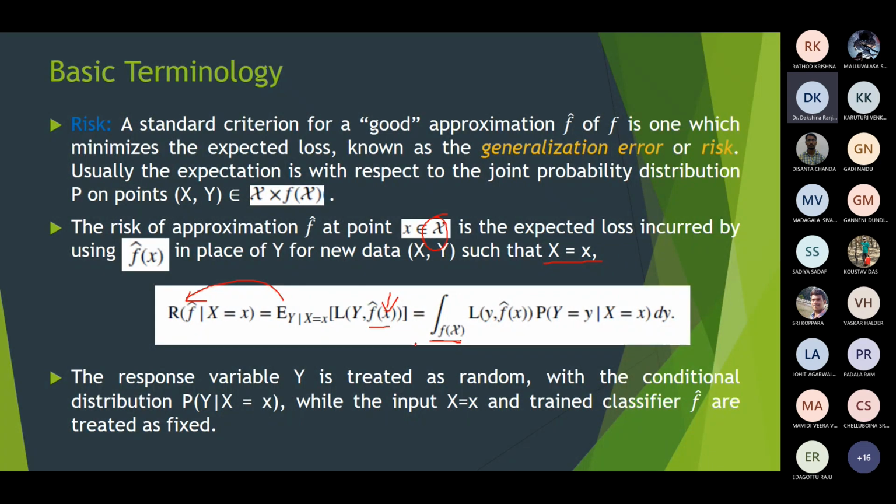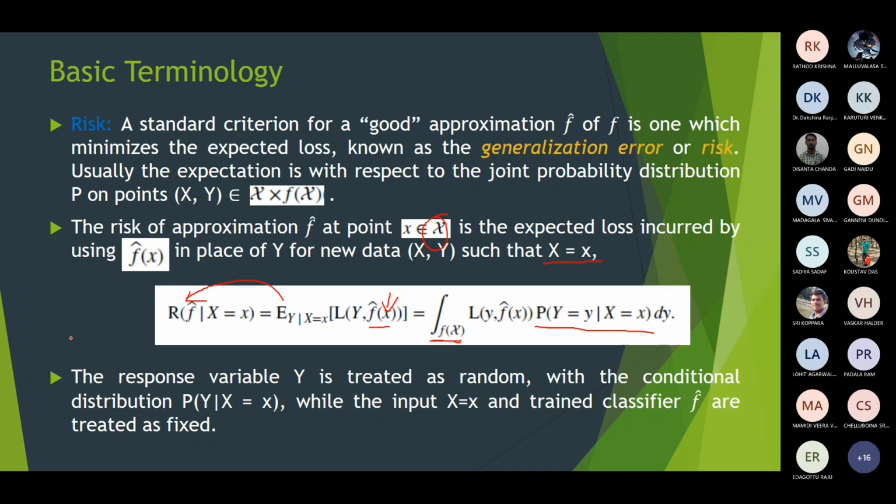That means if we have n number of classes in this range, then using those n classes we can get this integration over the loss function, weighted by this conditional probability. In this conditional probability, we are interested in the value of y that belongs to capital Y given x, the random data point that belongs to the feature space.